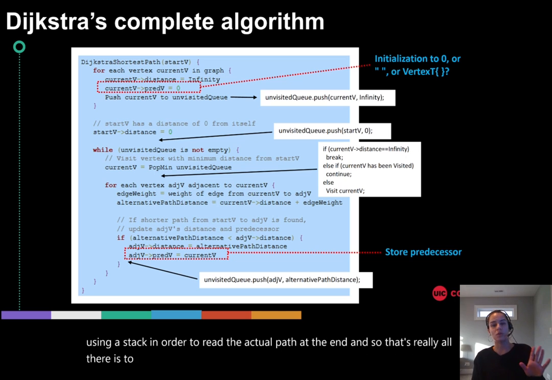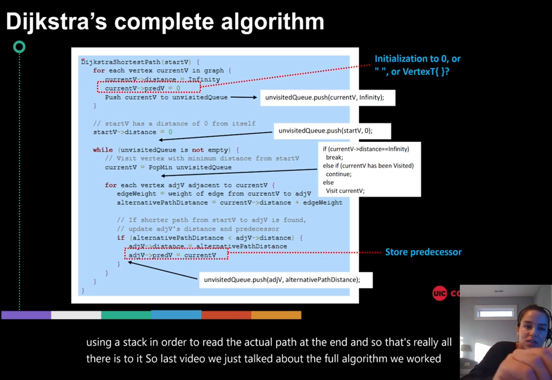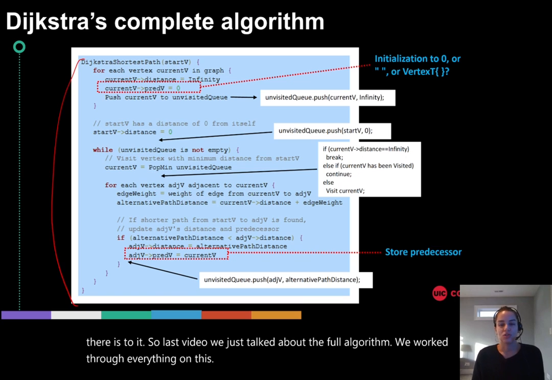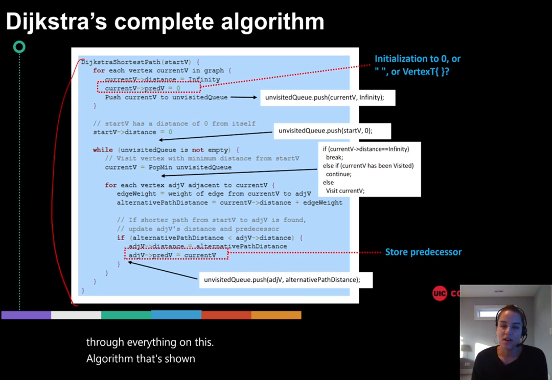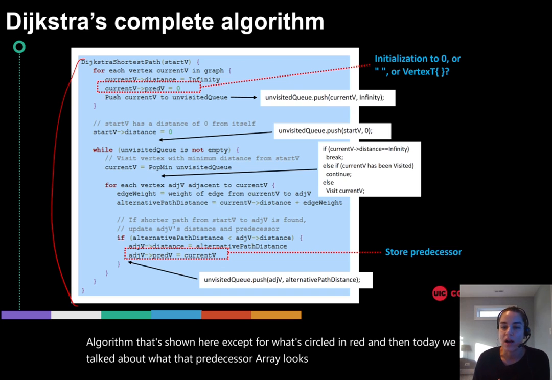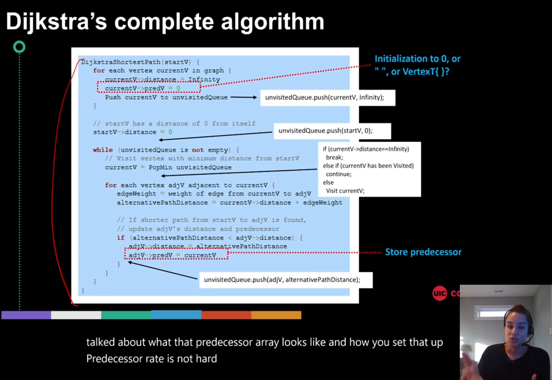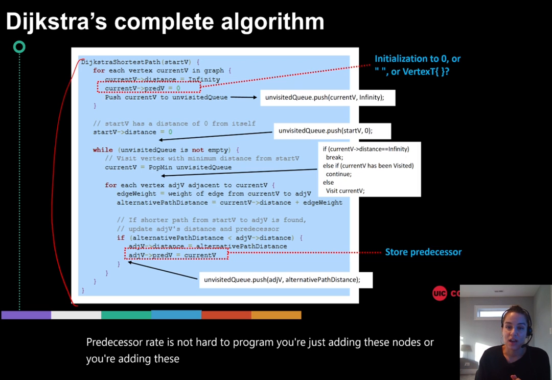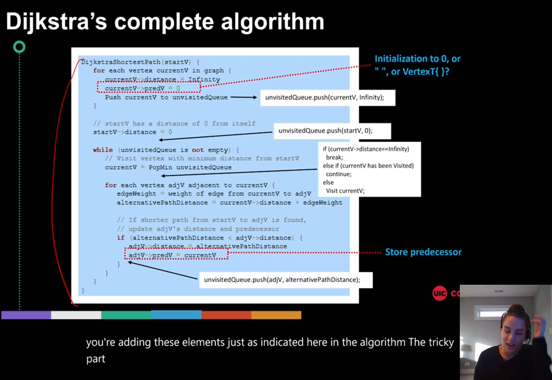Last video we just talked about the full algorithm. We worked through everything on this algorithm that's shown here, except for what's circled in red. And then today we talked about what that predecessor array looks like and how you set that up. The predecessor array is not hard to program. You're just adding these elements just as indicated here in the algorithm. The tricky part is the conceptual understanding of the predecessor array.